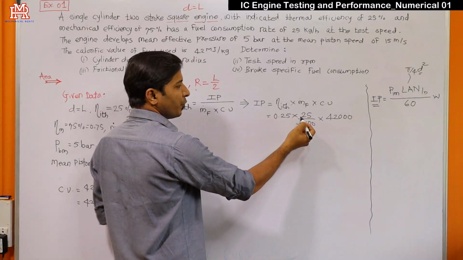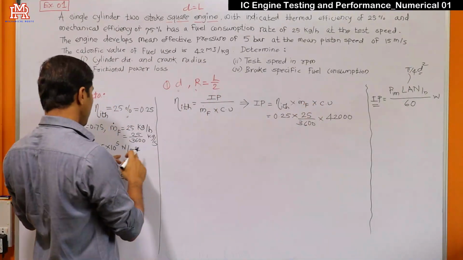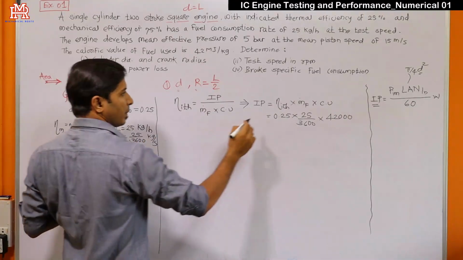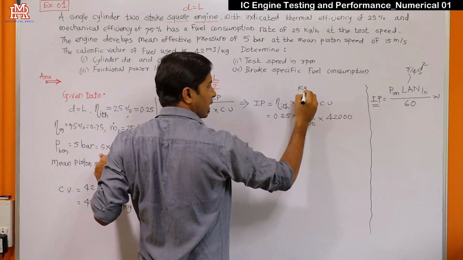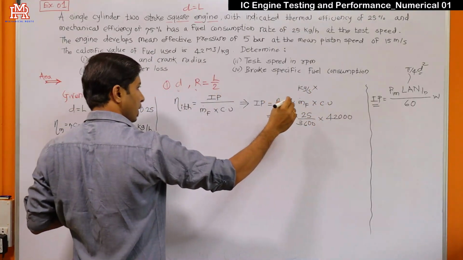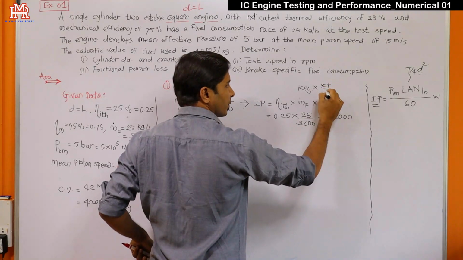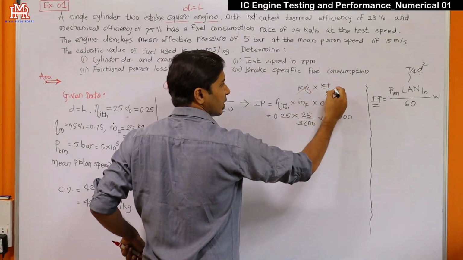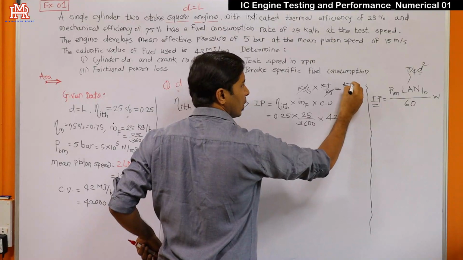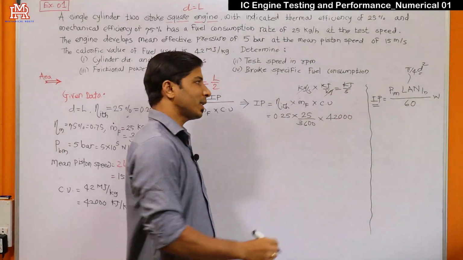We can also analyze the units. This mf is in kg per second, and this is kilojoule per kg, so the kg will get cancelled, and the unit will become kilojoule per second, and we know that kilojoule per second is nothing but kilowatt.